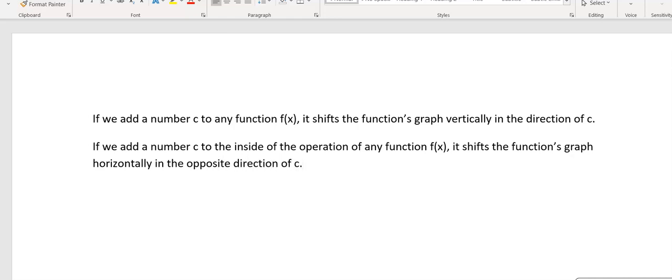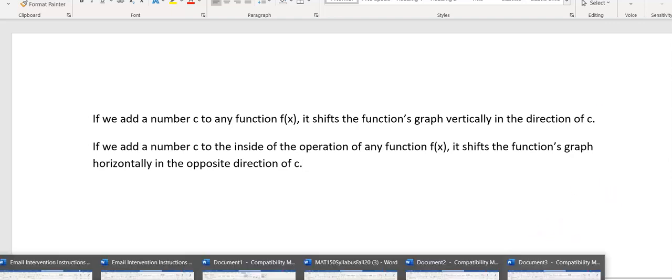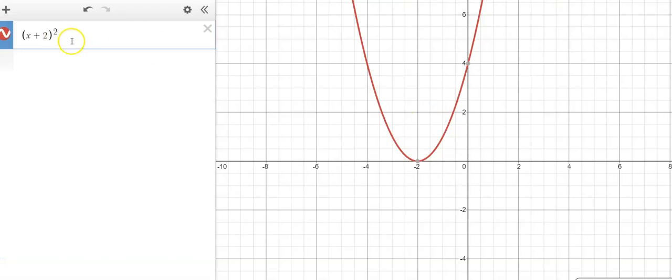Okay, so horizontal shift if it's inside of the operation. Okay, so let's just go back and see that that is true for anything that we choose.